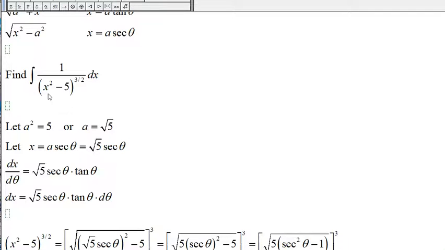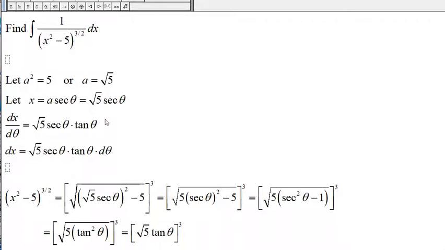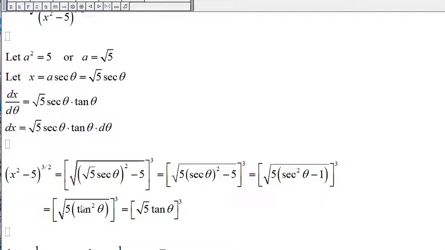And now let's write the expression (x squared minus 5) to the 3 halves in terms of theta. x squared will be the square root of 5 times secant of theta, squared. Rational exponent of 3 halves.